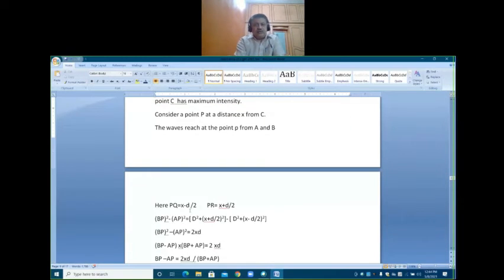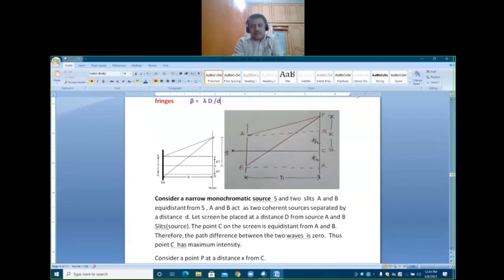Now, consider point P from C. The distance is x. So from here we are starting.